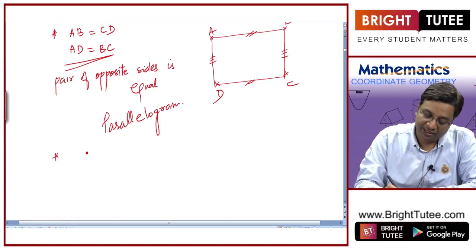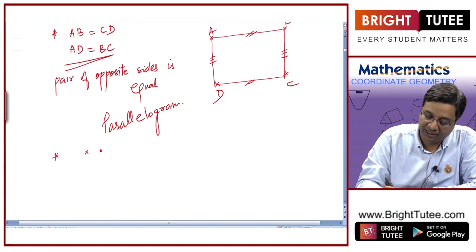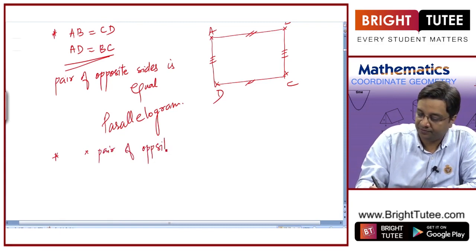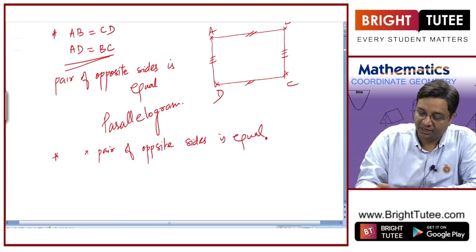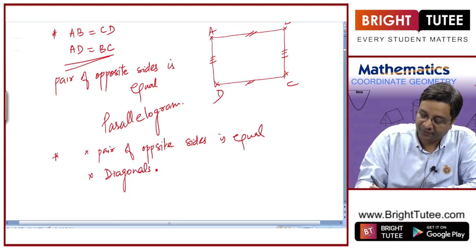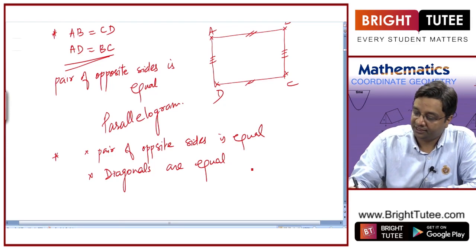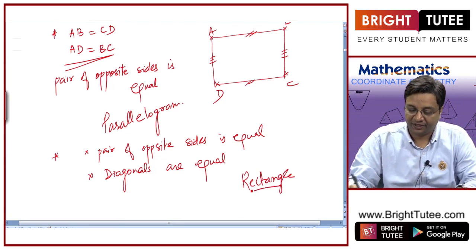Now first we have shown that the pair of opposite sides is equal, right? Now if I can show that diagonals are also equal, then what I can say is that the quadrilateral is a rectangle, right?